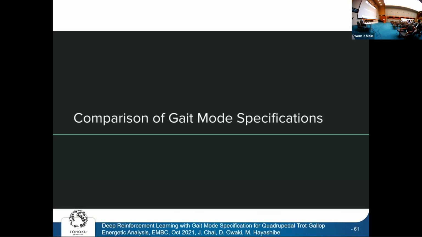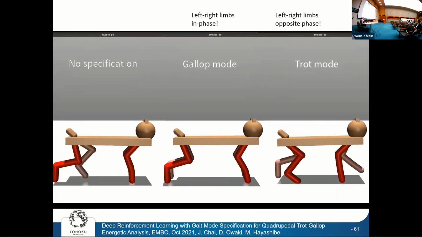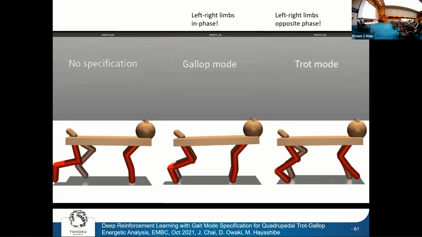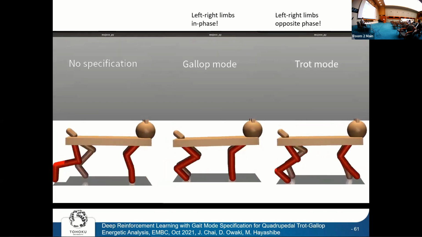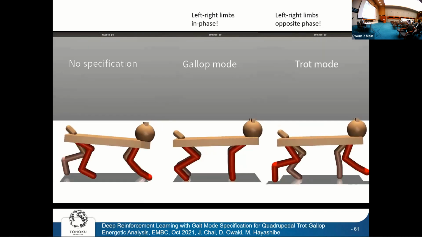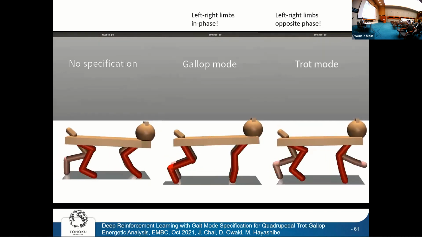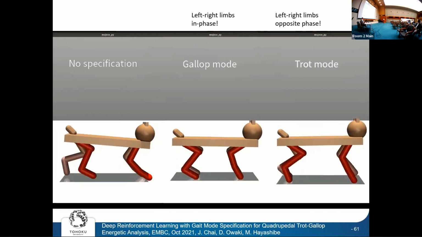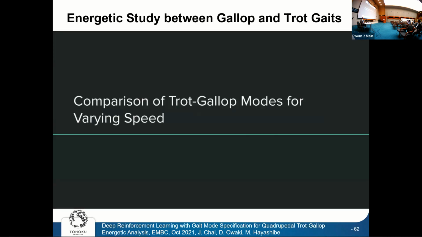Maybe you have heard about trot or gallop. In reinforcement learning, we still have enough redundancy, so we can specify, okay, please try trot mode or gallop mode, and we can verify which mode is efficient. So it's a kind of synergy difference for gait.